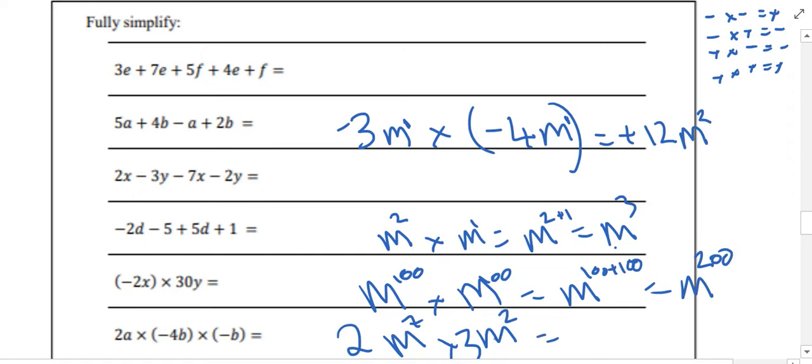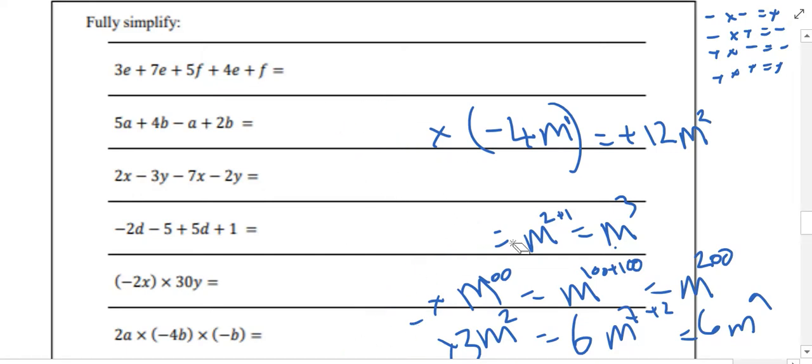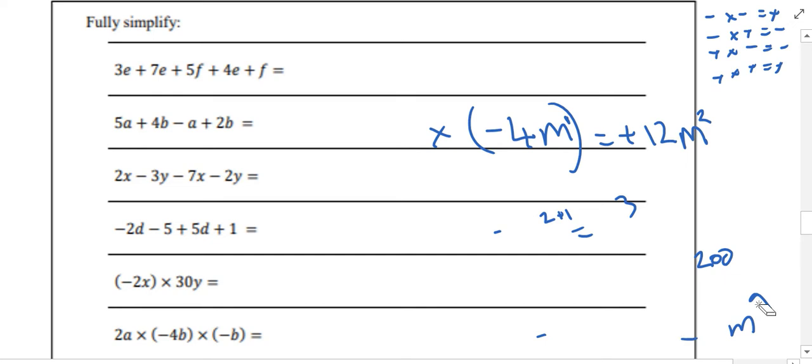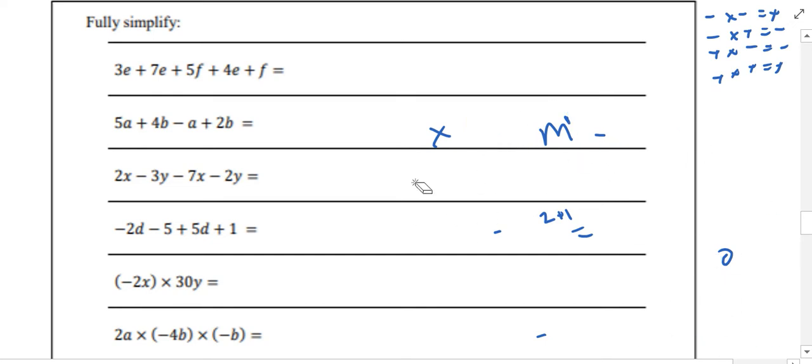So you have a go doing this one for me. 2 times 3 is 6. M to the 7 plus 2, 6m to the 9. Okay, so pause the video and have a go at doing as many as you can, and then I will go over the solutions. Okay, so hopefully you've done that now.